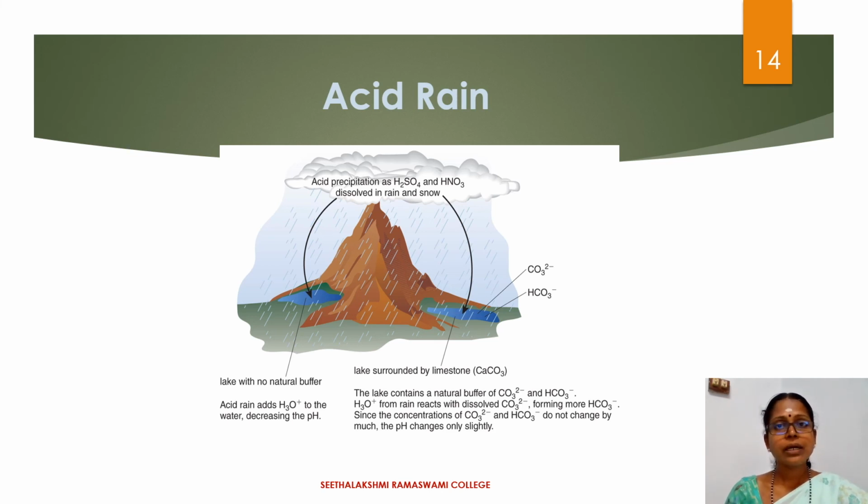The rainwater combines with gases like sulfur dioxide and oxides of nitrogen to form sulfuric acid and nitric acid, and when it falls and reaches the rivers, it is also going to drop the pH of the river water. This in turn is going to affect aquatic life and the environment. So the presence of natural buffers in rivers helps to maintain the ecosystem.